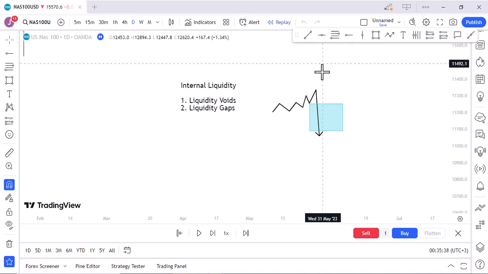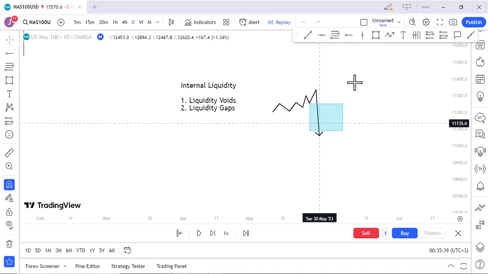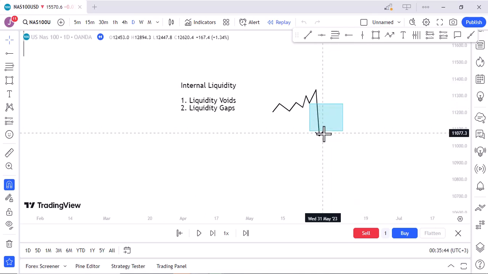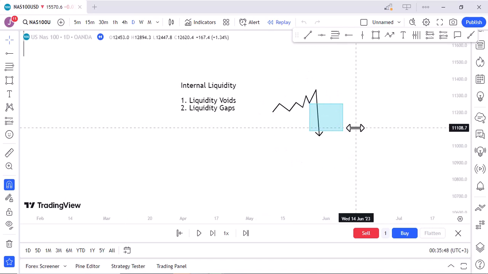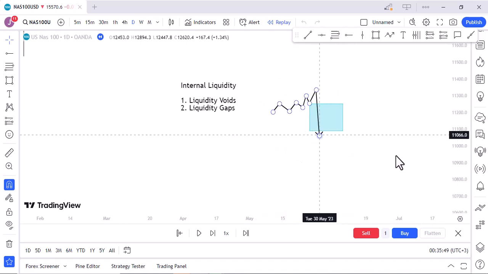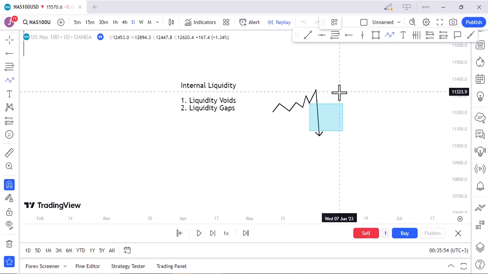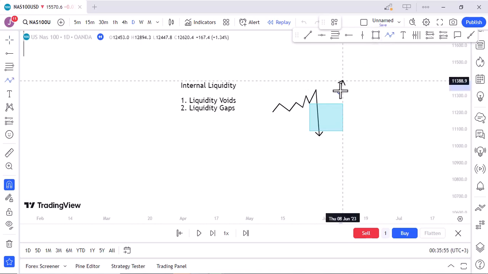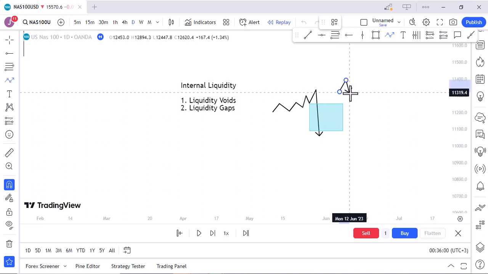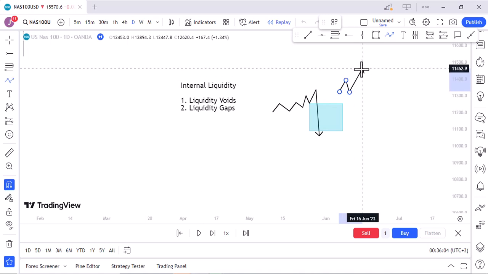It's basically an imbalance in price, and we never want to see that, because if there's an imbalance, then it means that one side of the market is dominating. But when there's balance in the market, when price creates new highs, it goes back and collects the previous highs.